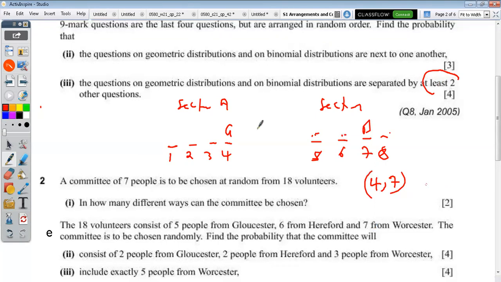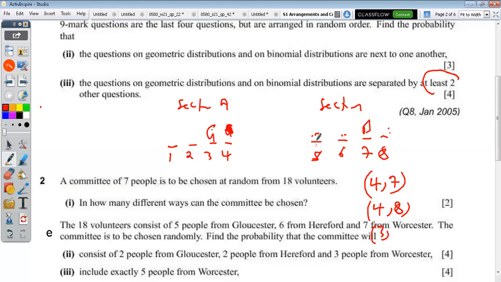So it's the number of how many times we can do that. Now if the geometric remains on position 4, we can also have the binomial on position 8, to be separated by 3. Now I have 2 cases. Then I changed the position of the geometric to position 3.